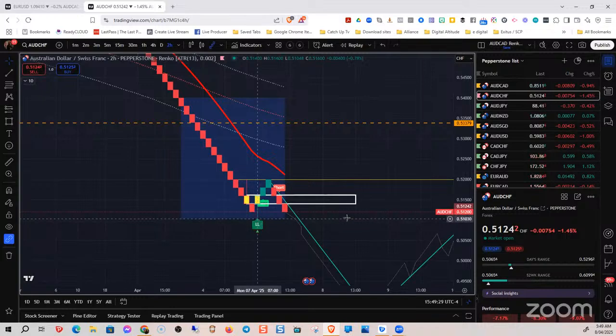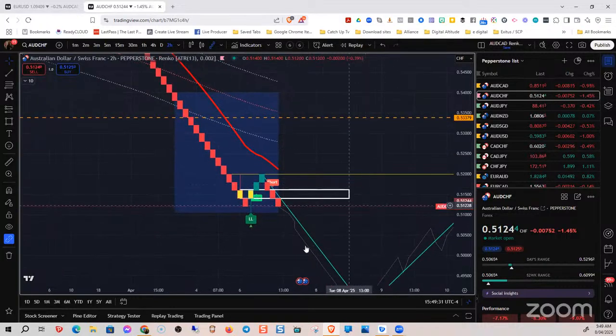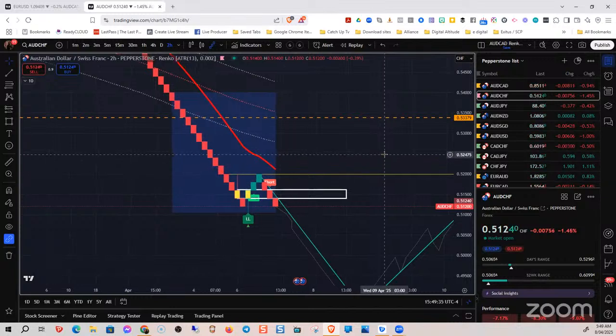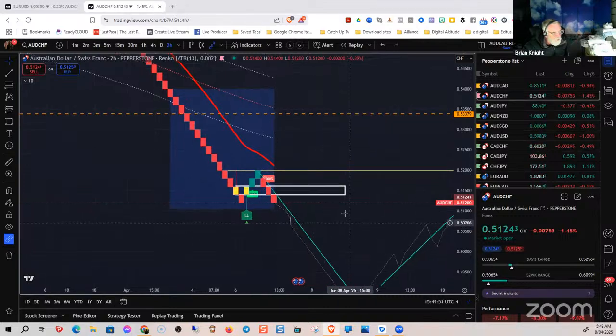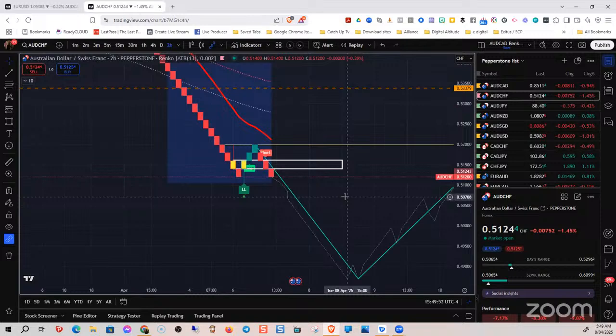Yes, but there's a trick to it. You have to wait for one brick to close outside that last wick. You need a brick down below that wick to close before you would convince yourself to get into the sell. Yes. Okay.